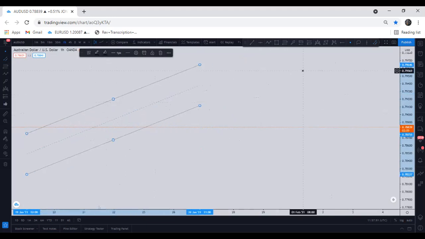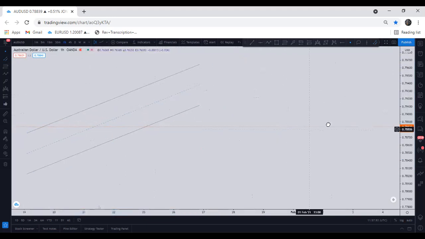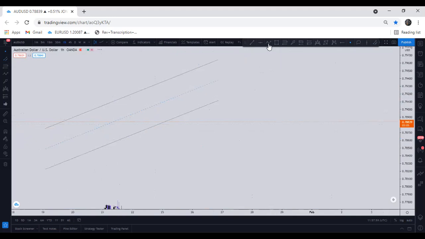So a parallel channel is when price is actually respecting both sides of a trend line.